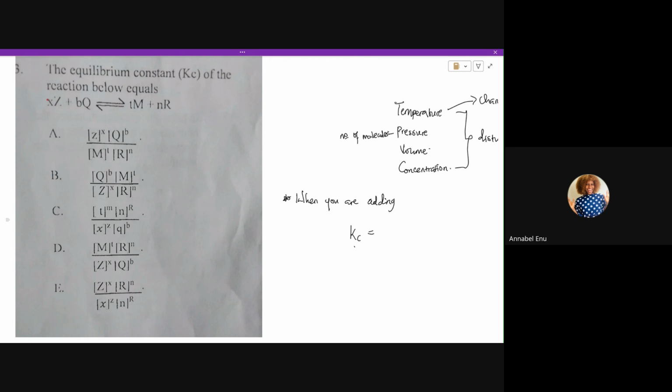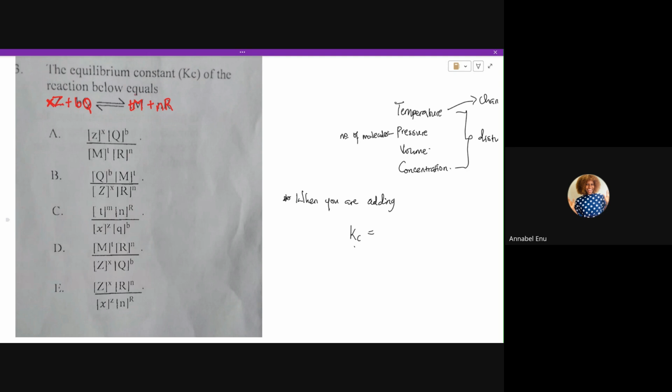Just in case you can't see properly, this is X and this is Z plus B Q. So we have T M plus N R. We are assuming everything here is in the gaseous state.